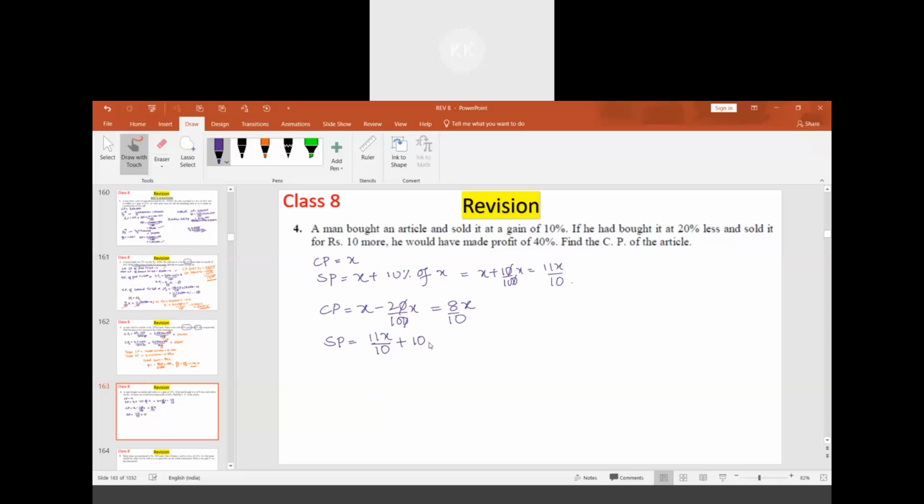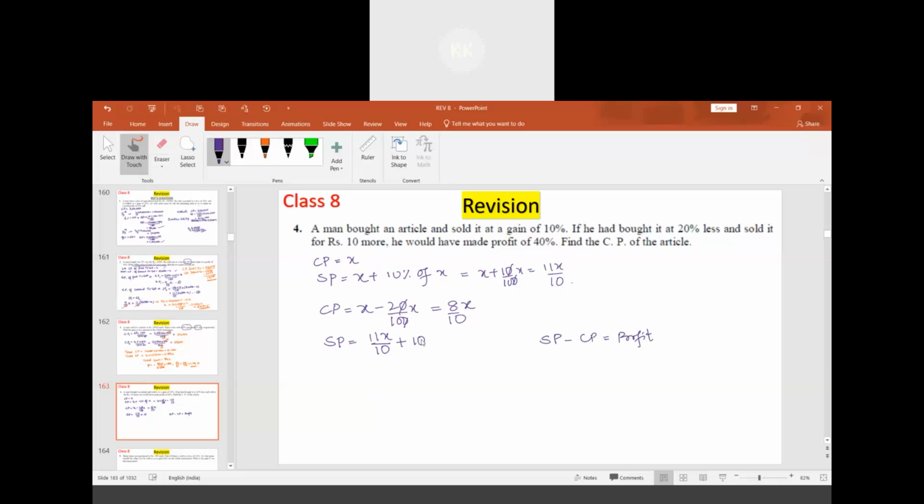Okay. And he would make a profit of 40%. So the new selling price, 11X by 10 plus 10, minus the cost price is the gain, that is the profit.